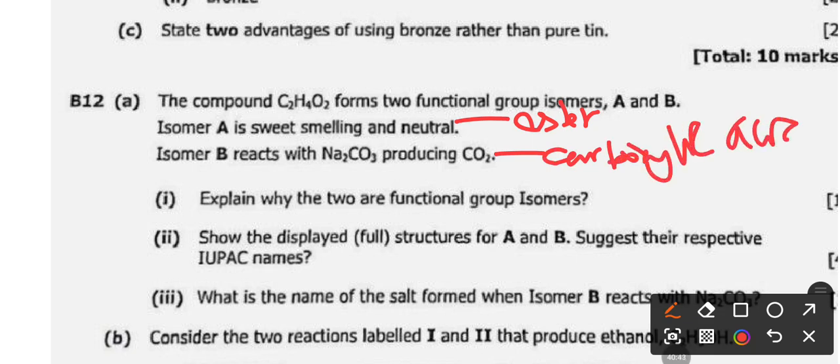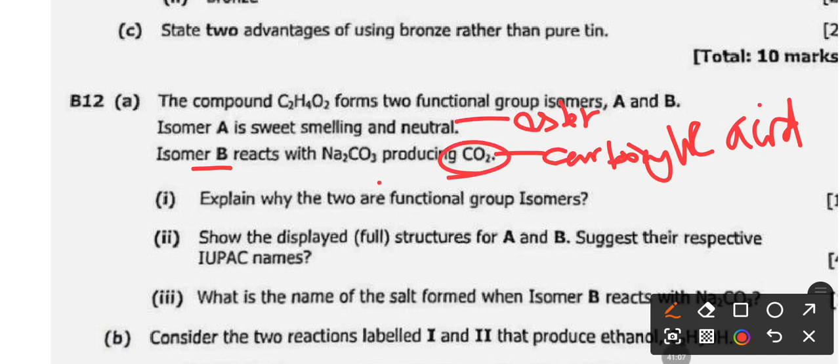Why? Because esters are sweet smelling compounds. B is a carboxylic acid because when an acid reacts with a carbonate, it produces carbon dioxide.